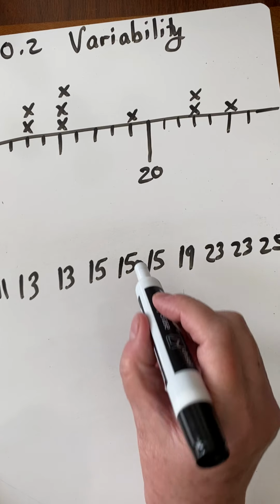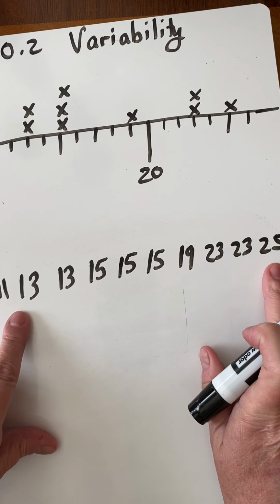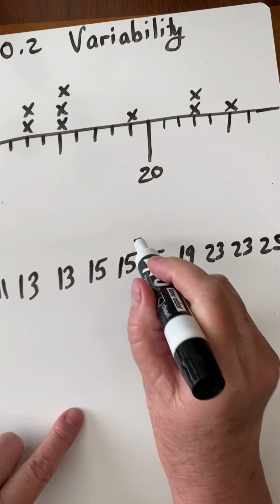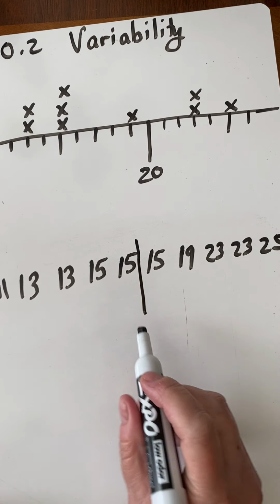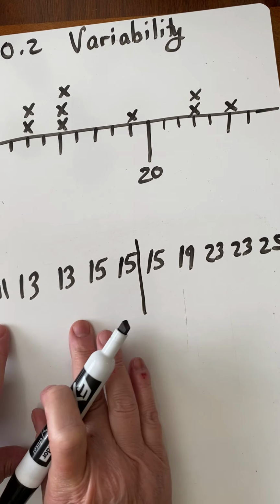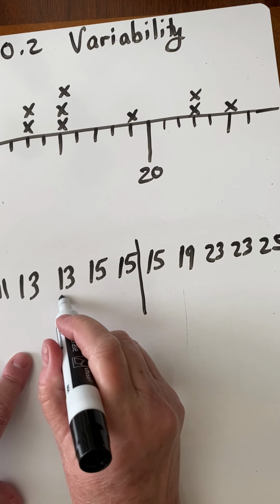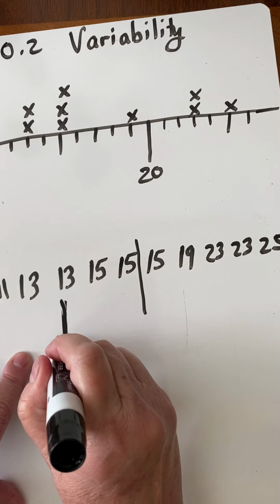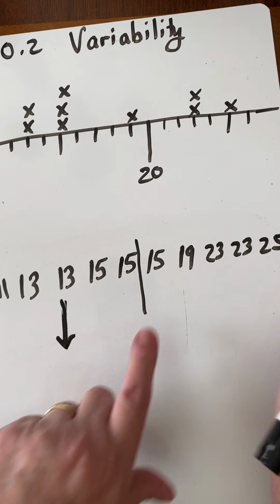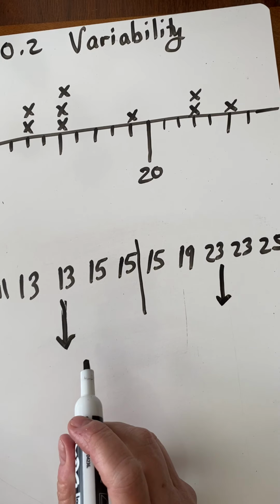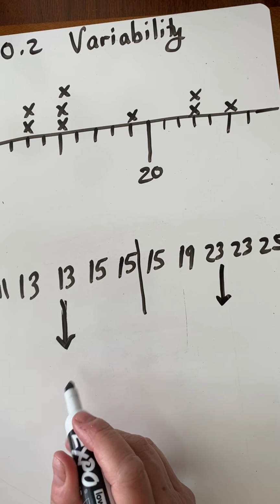Let's just look at the middle. We already knew that if I found the median, it would be right here in the center. Then I'm going to look at each half and divide this in half. This right here is my first quartile, and I do the same thing over here for my third quartile.